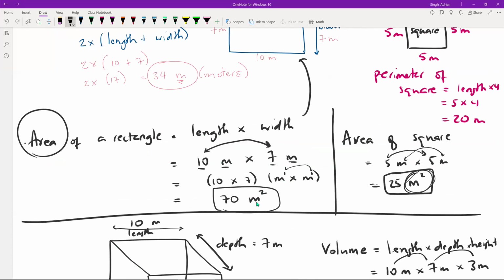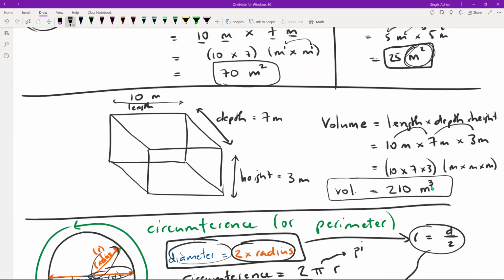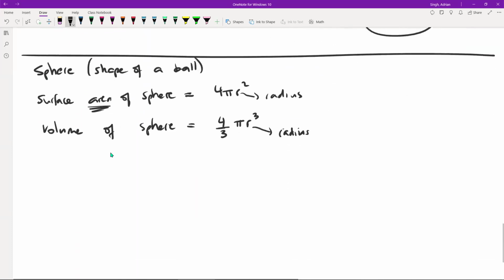When we did the volume, we saw that the unit was a cubed version of that length, so cubic meters. Similarly, to determine the volume of the sphere, we would take that radius and cube it, so if it's measured in meters, the unit would be cubic meters.